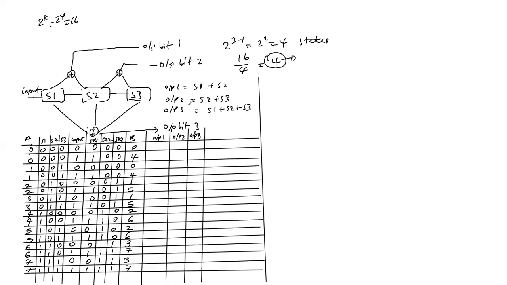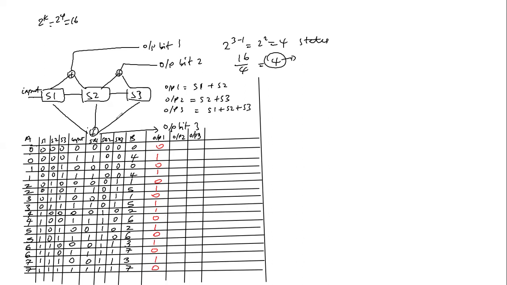So output bit 1 is S1 plus S2. 0 plus 0 is 0, 0 plus 1 is 1, and so on down the sequence. Okay.